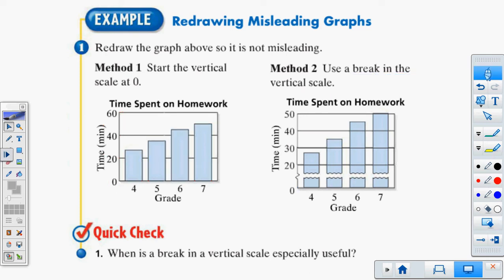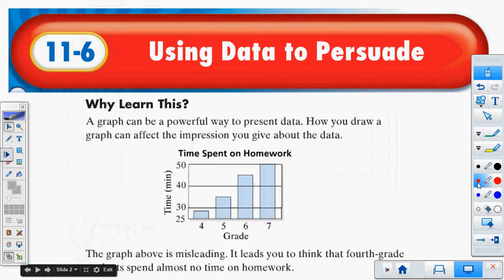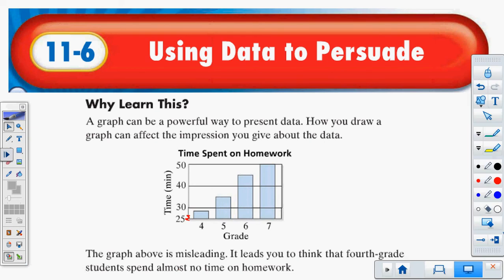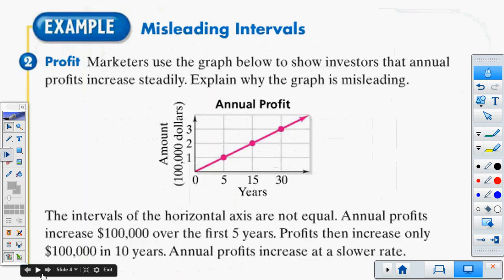So that is 2 ways that you could do this. If I were to go back to this original graph, if they had drawn a break in there, then we would have known, oh, this starts at 25. That triggers me to think this isn't completely accurate.